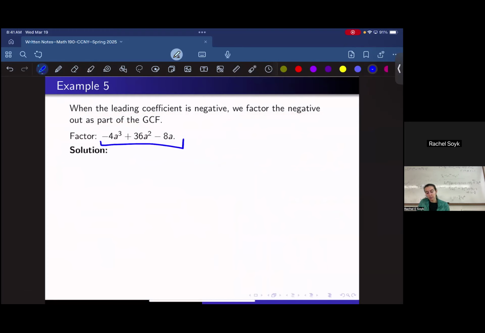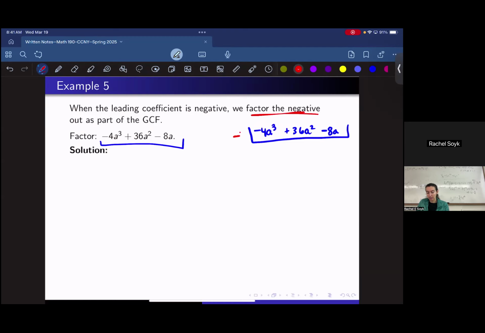Pull out a greatest common factor. Well, between negative 4, positive 36, and negative 8, what's a factor that can be pulled out of all three? And remember, we want to pull out that negative, right?